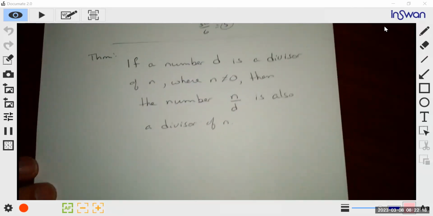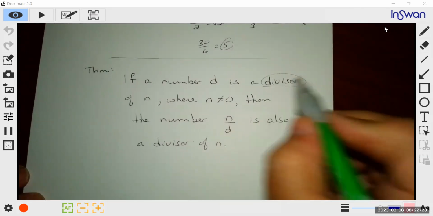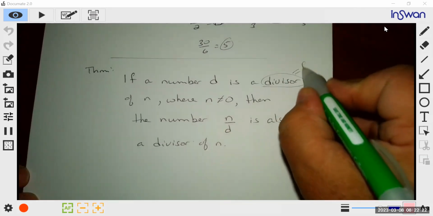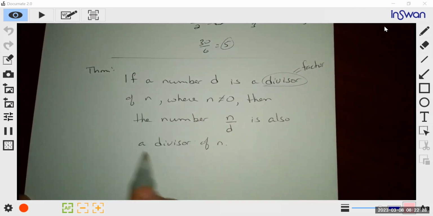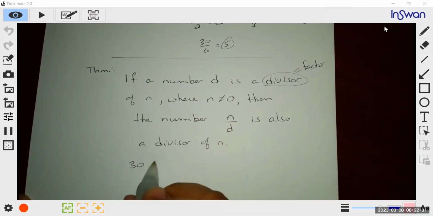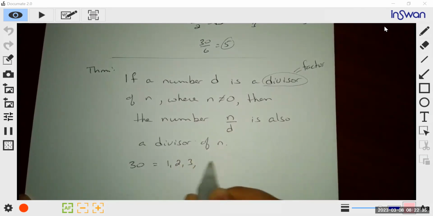So we've looked at a divisor. We could say they're similar to factors. So if we factor something, we know we had 30 is 1 times 2 times 3.